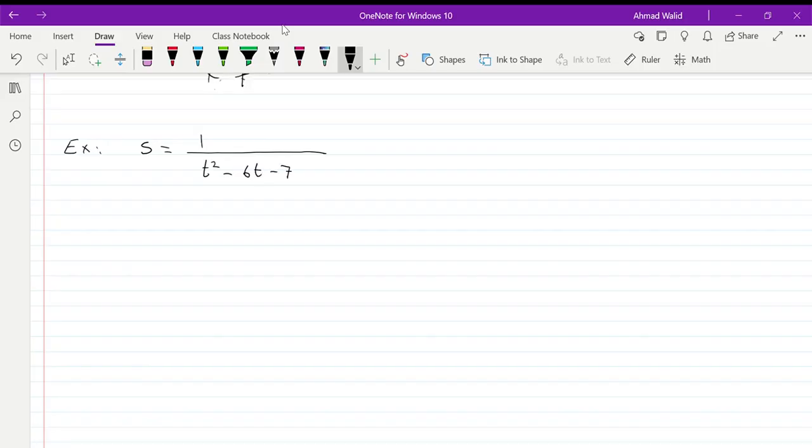We call the position function S, and t is time. Position is a function of time. Do you see in this example, I teach you a little bit of physics. Position is a function of time. Correct? But I don't care about that part. Let's find the domain for this function.